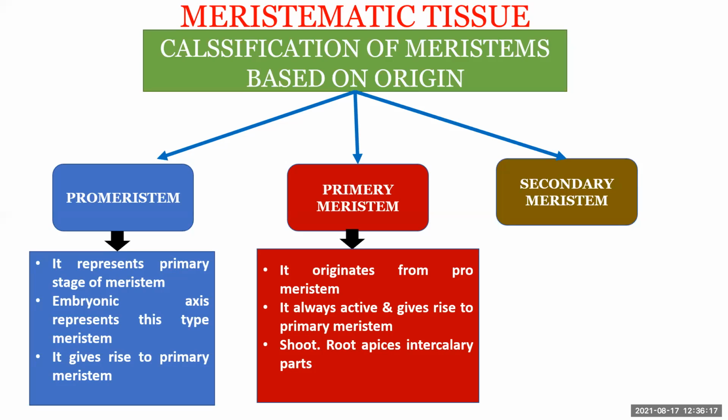The tissue present in the shoot apex and root apex continuously divides and produces permanent cells. In this way, shoot apex and root apex are involved in primary growth. Primary growth is nothing but increase in length.